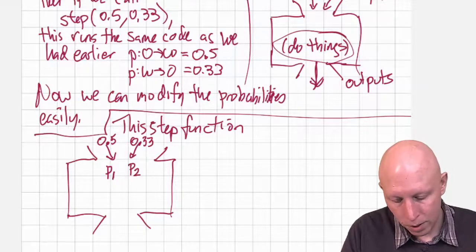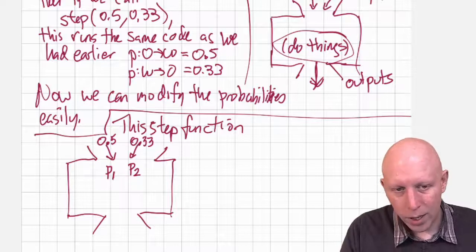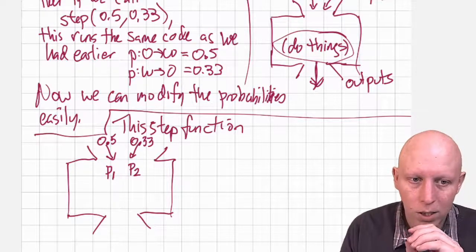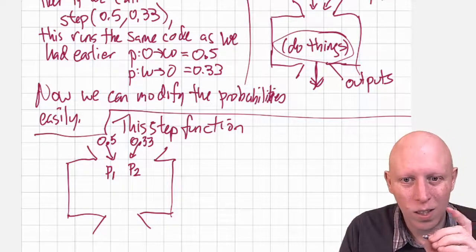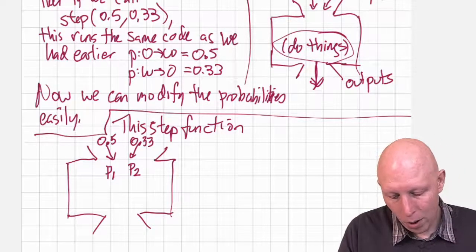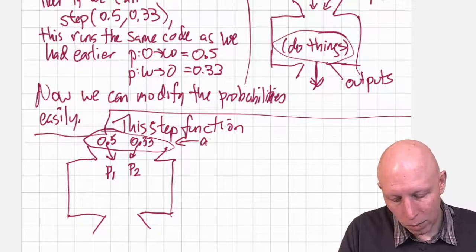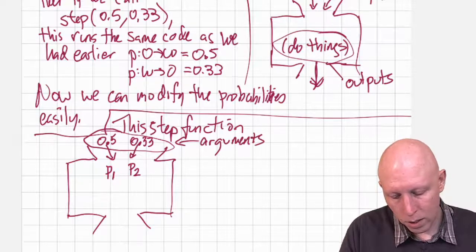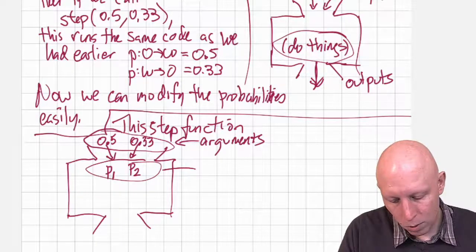It's really easy to think of those things as exactly the same things. That is, we put these numbers in here. These numbers are called the arguments. And these P1 and P2 are called the parameters.